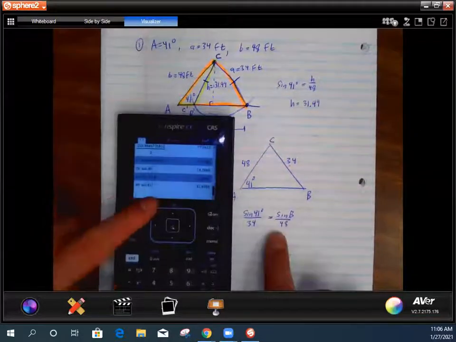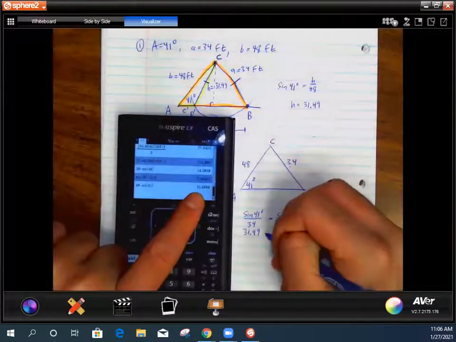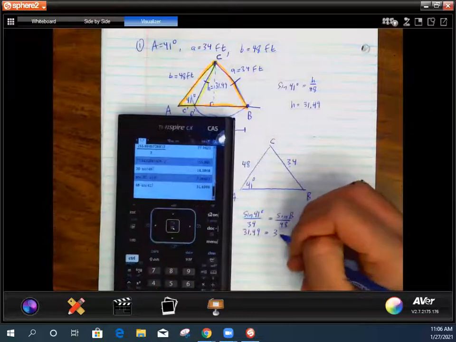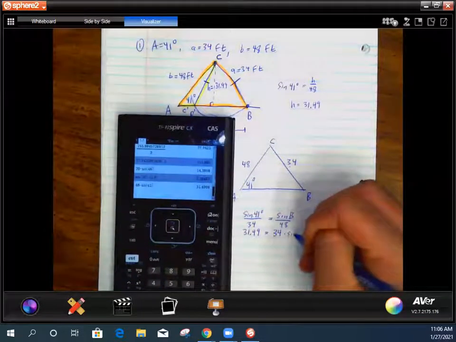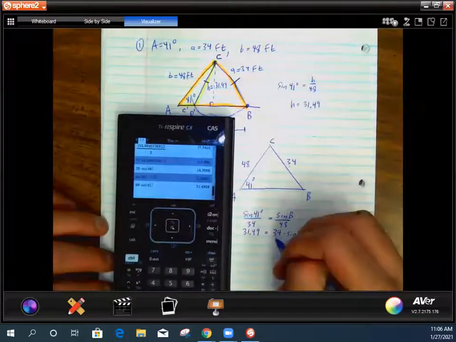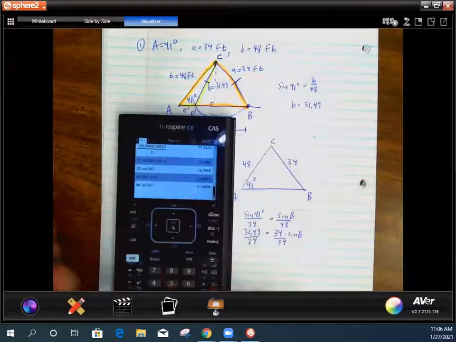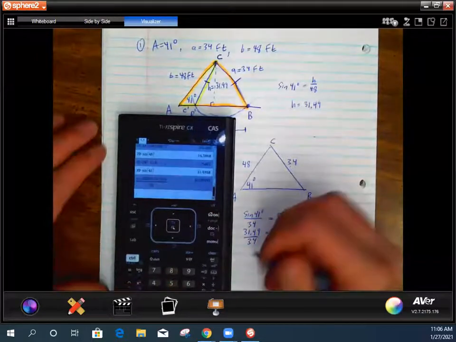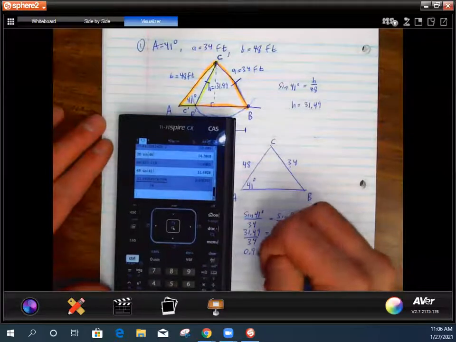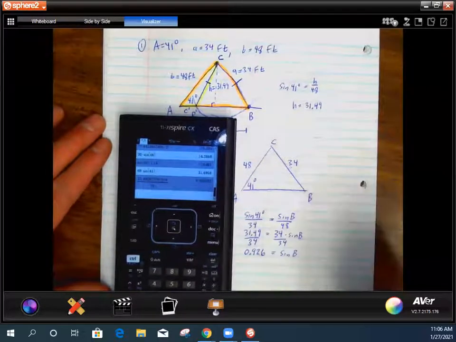And I actually did that earlier. I got 31.49 is equal to 34 times the sine of B. So to solve for the sine of B, I'm going to divide both sides by 34. So 31.49 divided by 34 is 0.926, which is equal to the sine of B.